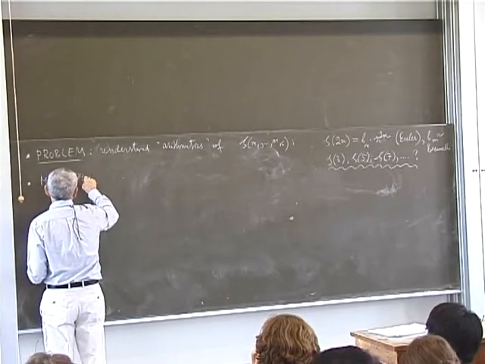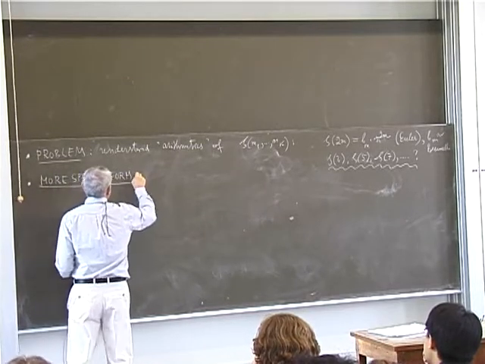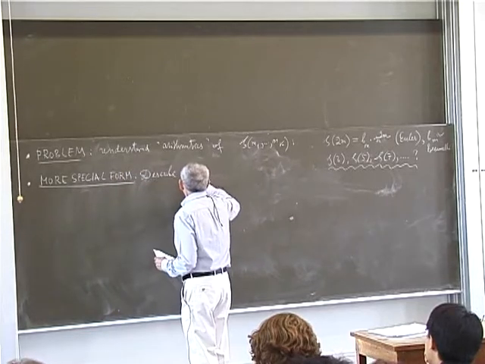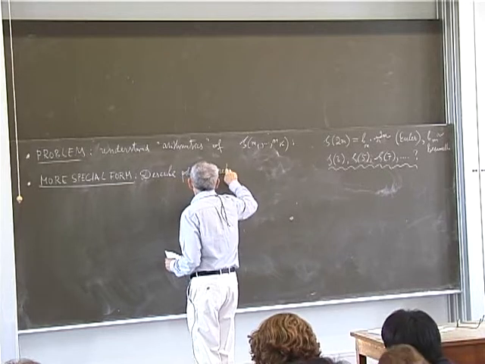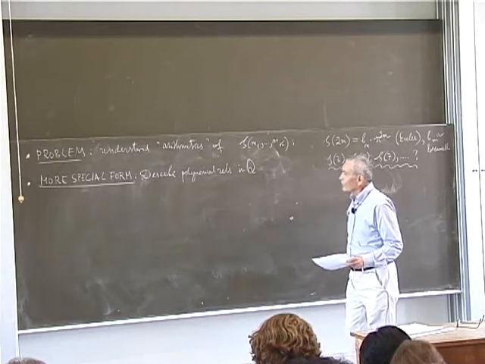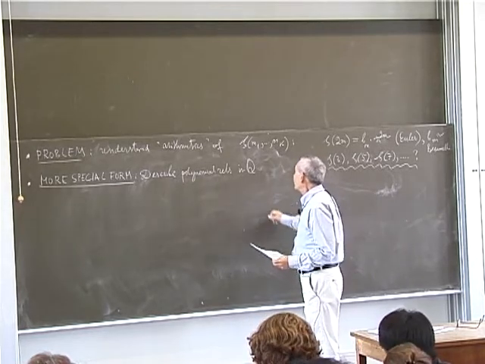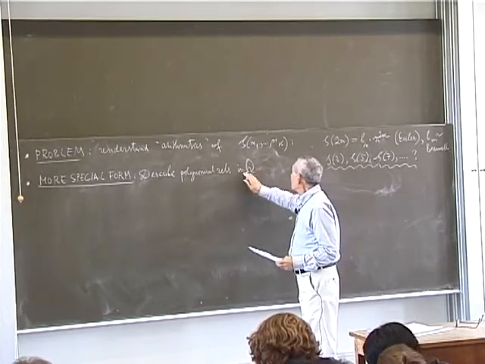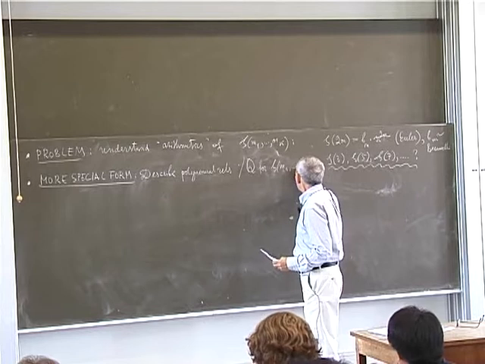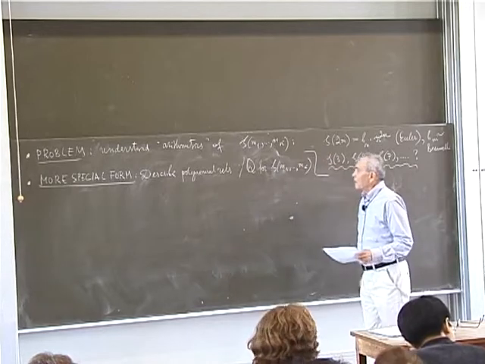And so the more precise form: what kind of arithmetics can we expect from something that we think is transcendental? Okay, at least relations between them. So a more special form of this problem: try to understand, say, polynomial relations with coefficients in Q. One can ask for coefficients in Q-bar or something like that, but at the moment we have nothing to say about that. So try to describe polynomial relations with coefficients in Q between these numbers.